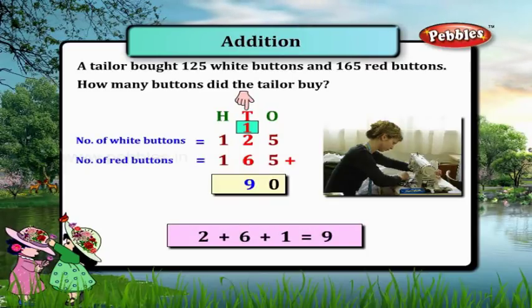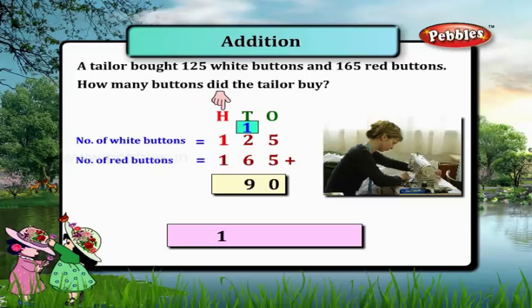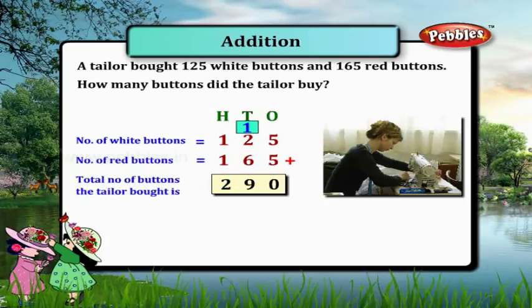Write 9 in the tens column. Now add the hundreds. 1 plus 1 is equal to 2. So, the total number of buttons that the tailor bought is equal to 290.